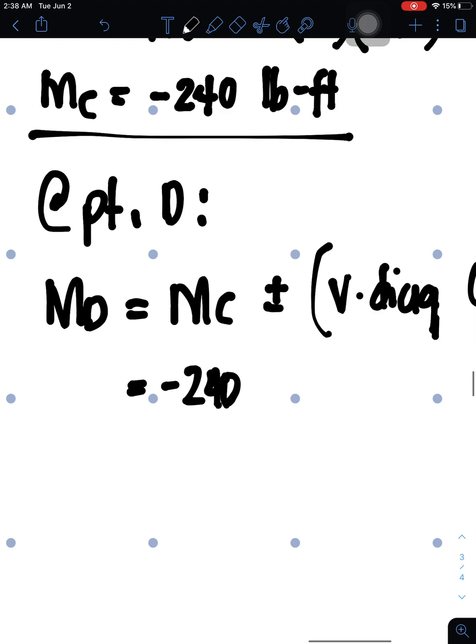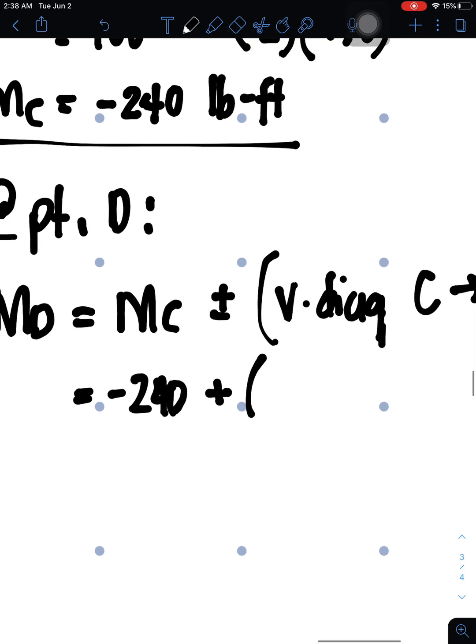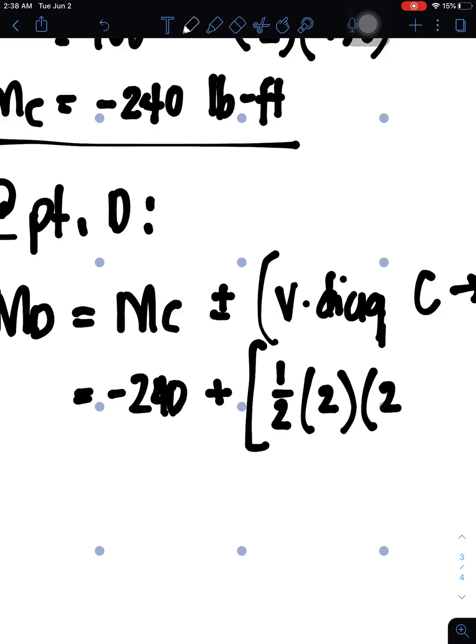So I'm going to place a plus sign and then the triangle. So that's 1/2 of the base, which is 2, times 240.